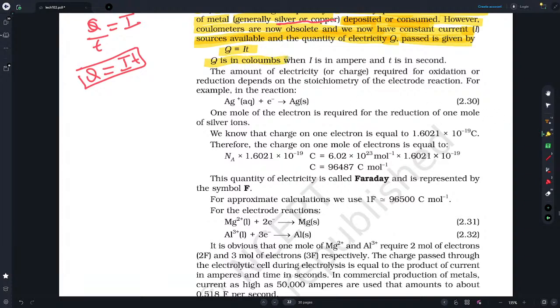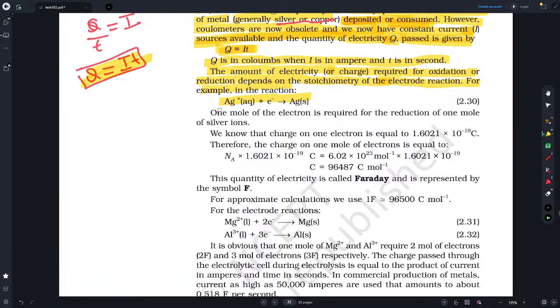Q is in coulombs when I is in amperes and T in seconds. Q is charge, I is current in amperes, and T is time in seconds. The relation is Q equals I T. The amount of electricity or charge required for oxidation or reduction depends on the stoichiometry of the electrode reaction. For example, in the reaction Ag plus plus an electron gives Ag neutral.